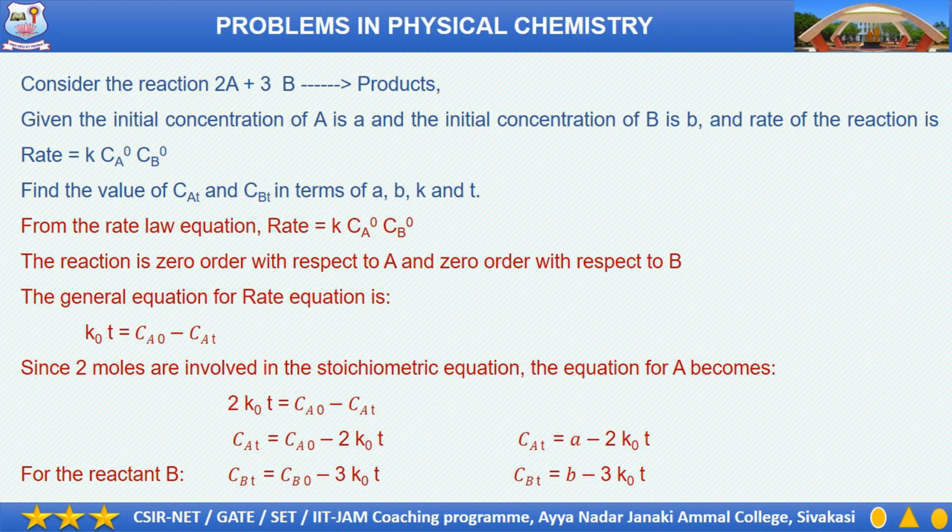Given concentration of A initially, concentration of B initially 6, rate of the reaction is equal to K into [A]⁰ into [B]⁰.